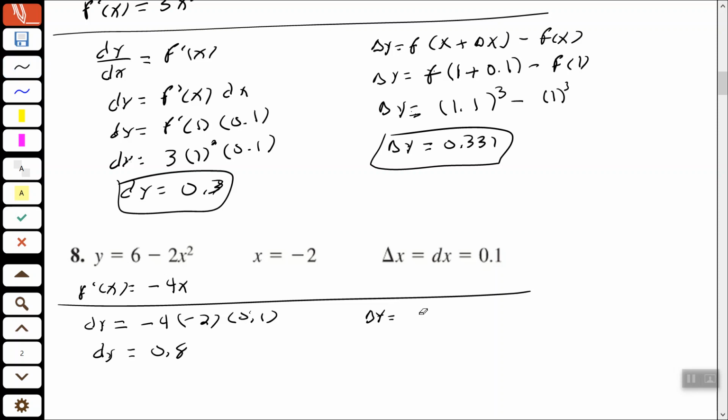So we have 6 minus 2 times 1.9 squared, and then minus f of x, so x is negative 2, so minus 2 times negative 2 squared.